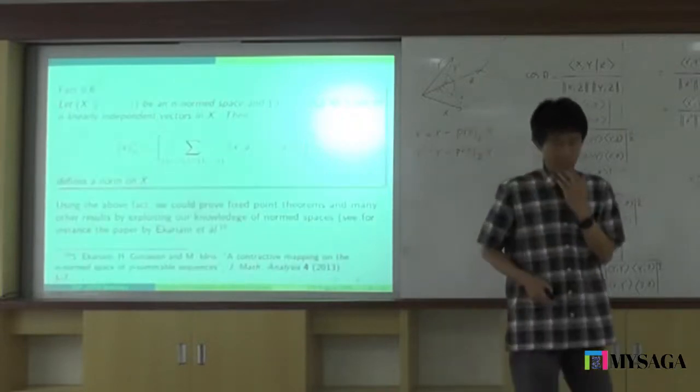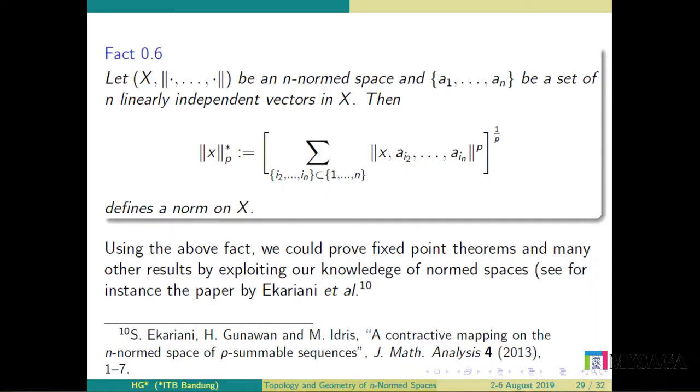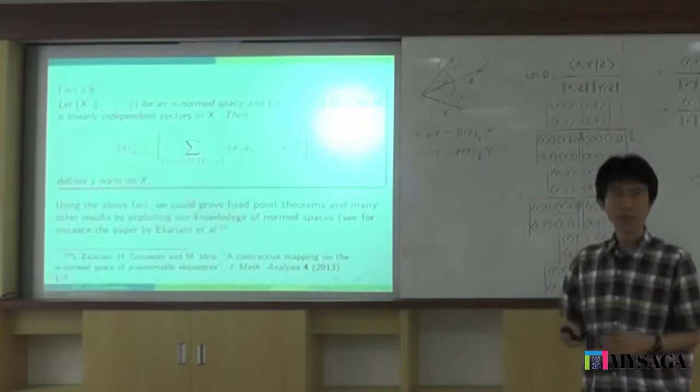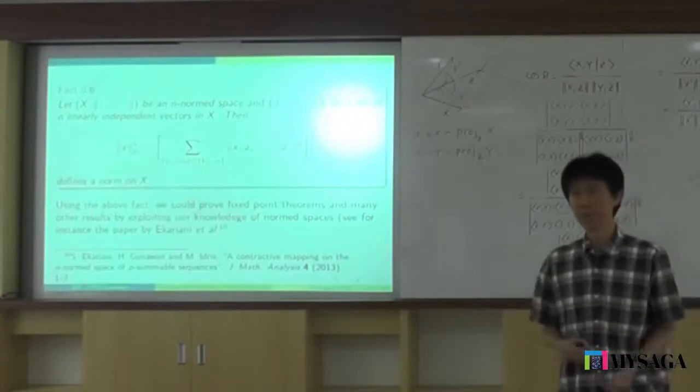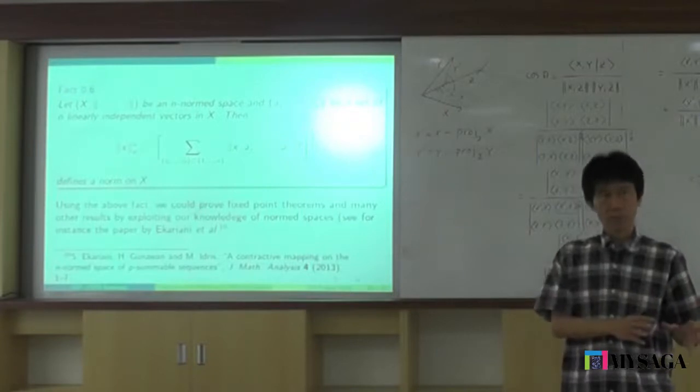Here is the formula for the norm. Again, I'm using the set of n linearly independent vectors. We can define this expression. P, you can take P equal to 1, but P is like in LP from 1 up to infinity.